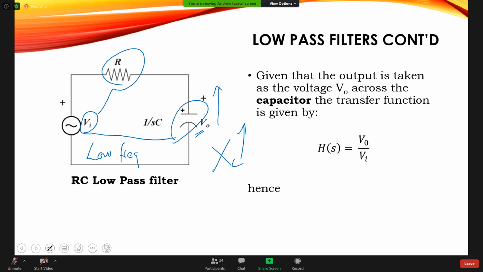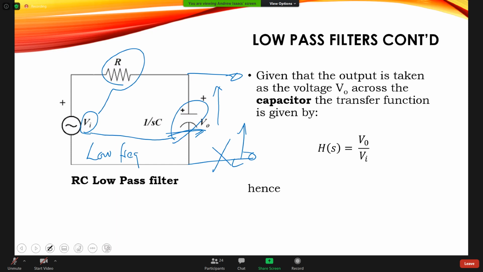All right? So at zero, meaning a very low frequency, you would have all the output across the capacitor, which would form the output to your circuit. And of course, we want DC, which has a frequency of zero, no?